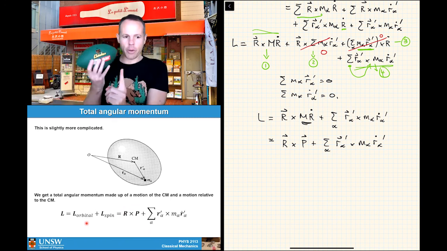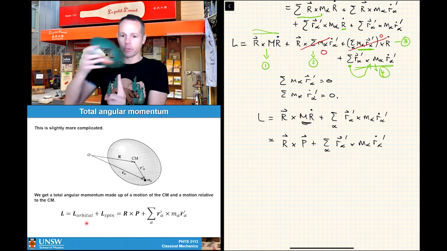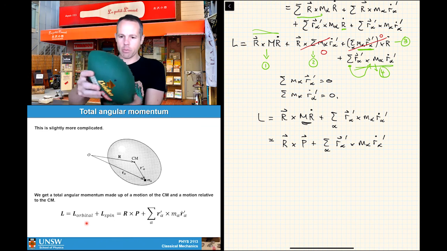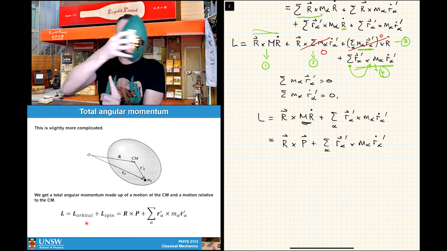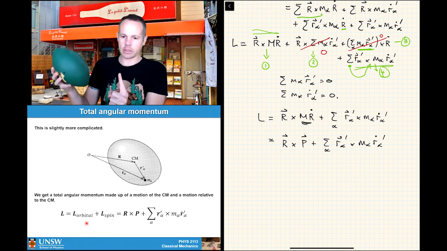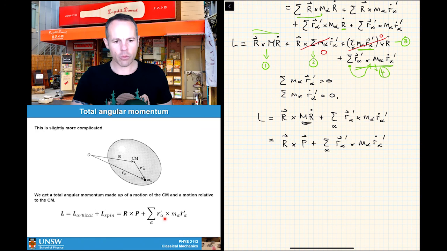And so this component that we have, R cross P, is basically just this orbital motion, okay? It's essentially the motion of the center of mass of the object around the center of our coordinate system. And then the second component we have is basically a rotation of the object around the center of mass, right?